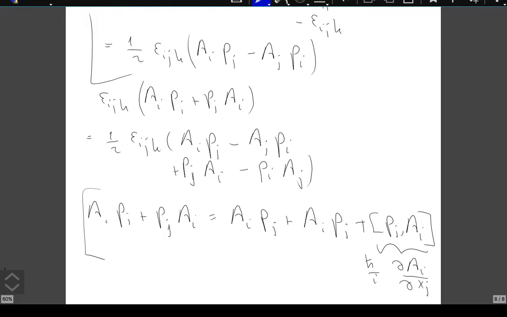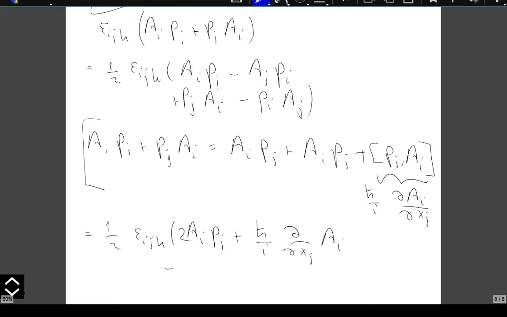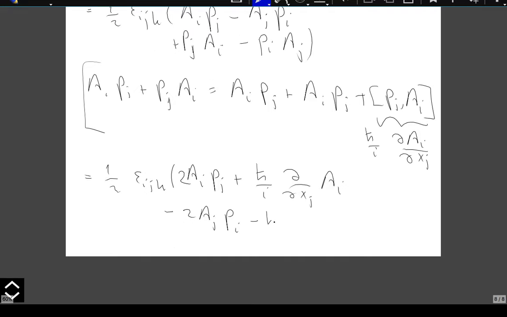So if we go back, this is equal to 1 over 2 epsilon_ijk. Well, A_i p_j plus p_j A_i is this sum. This is A_i p_j twice plus h bar over i, del over del x_j of A_i, minus, for the other term, I can also write twice A_j p_i minus h bar over i, del over del x_i of A_j.